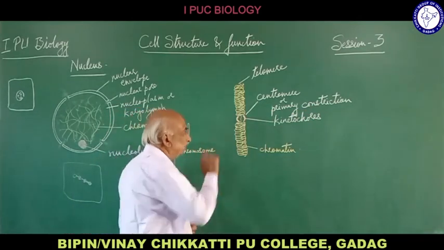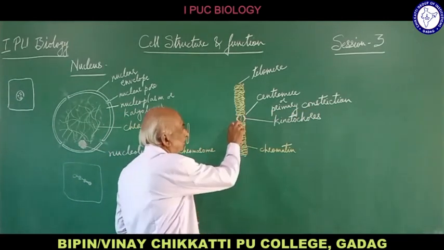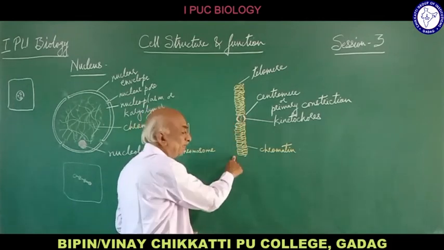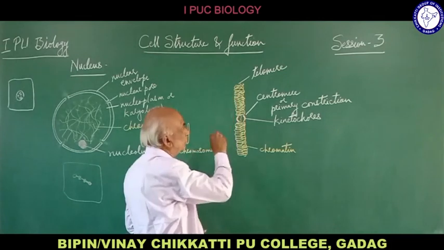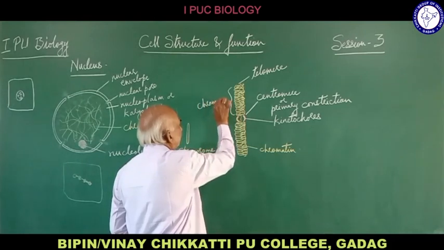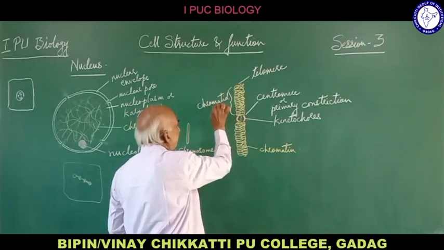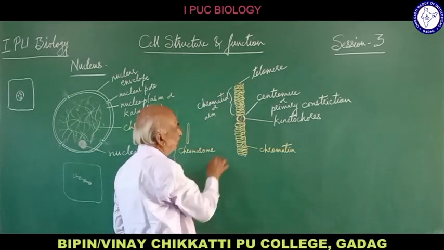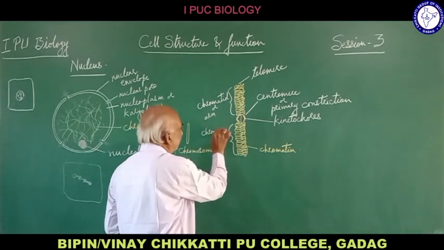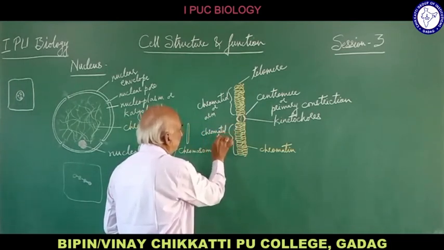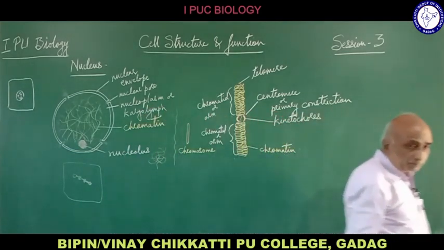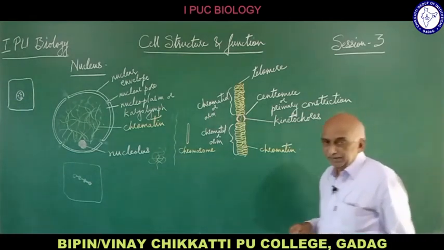And the region of the chromosome on either side of the centromere: this is the centromere, this is one side of the chromosome, and this is another side of the chromosome. This region of the chromosome is called a chromatid, or sometimes it is called an arm. So this is one chromatid and that is also one chromatid. In other words, the centromere in the chromosome divides the chromosome into a pair of chromatids.